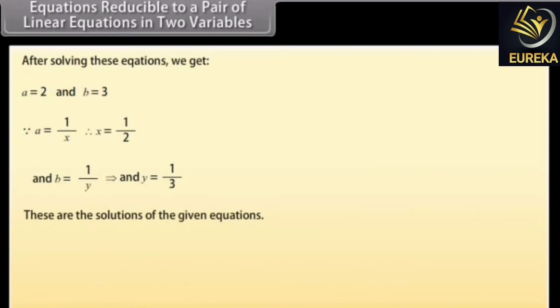After solving these equations we get a as 2 and b as 3. Therefore a is equal to 1 upon x, so x is equal to 1 upon 2, and b is equal to 1 upon y, so y is equal to 1 upon 3. These are the solutions of the given equations.